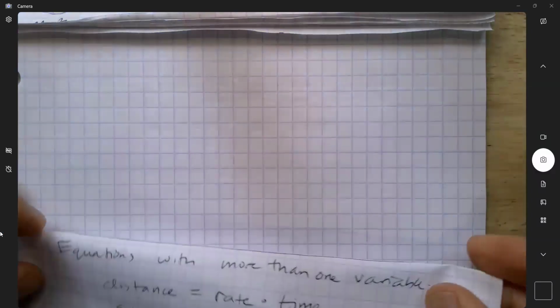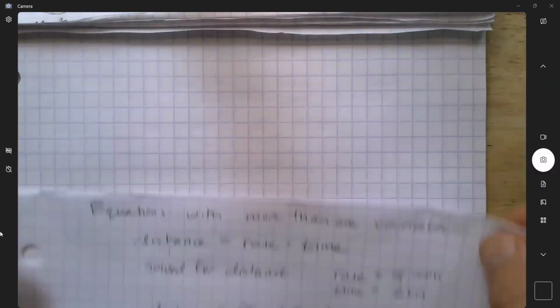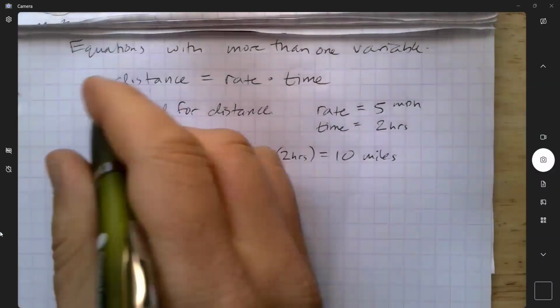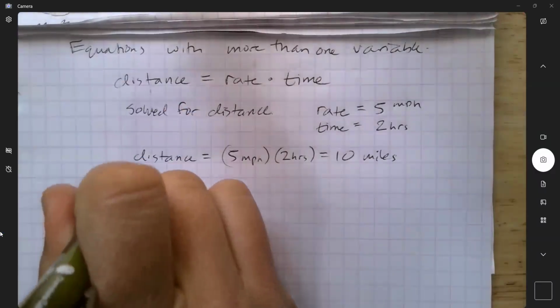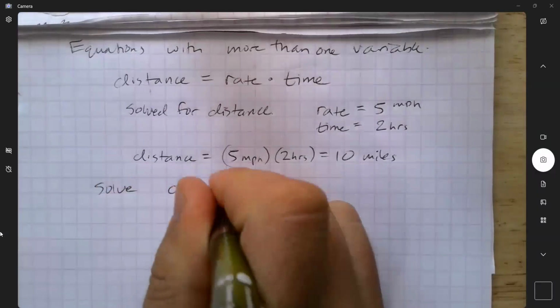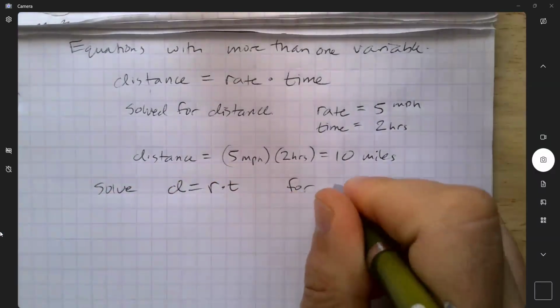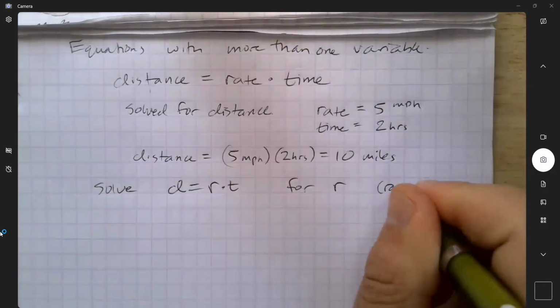However, that equation is also useful if I know the distance, but I don't know the rate, for example. So I can solve this equation, I'm going to switch to letters, d equals r times t. I can solve that for the rate, for r.